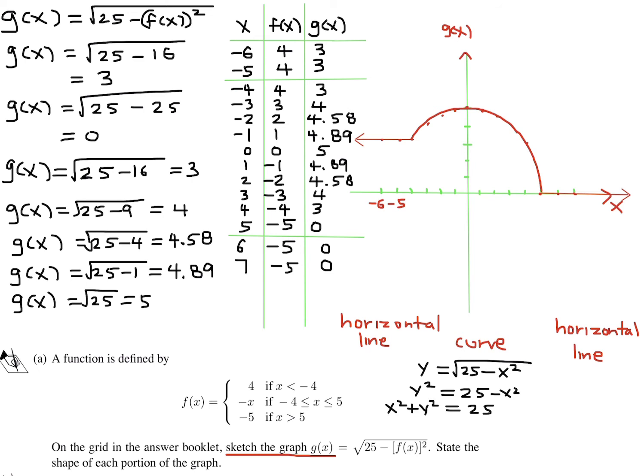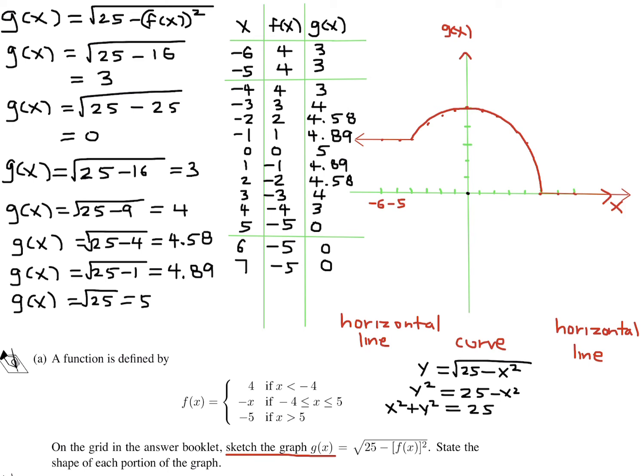And that's a circle. It's a circle that's centered at the origin with a radius of 5. Now, because we rearranged it and took the square root, that means that y always has to be greater than 0. And that's why there's nothing down here. And also, this is only true for this range here.